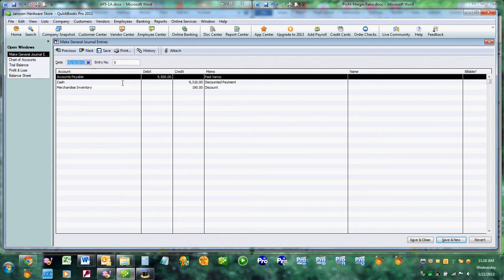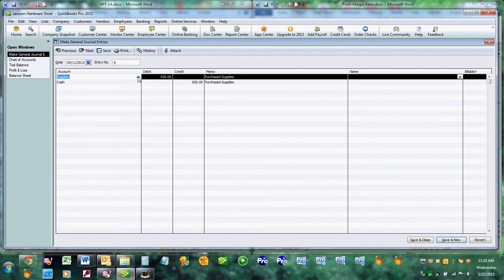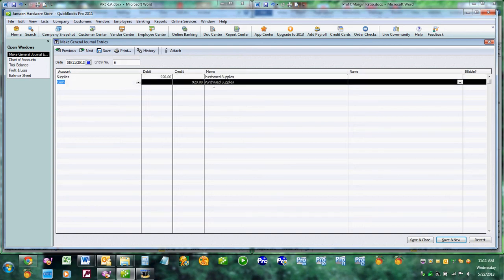Next one was purchase supplies for cash, $920. That was on the 11th. Supplies, which in this case is a current asset, because it is supplies bought and it's an asset and it's not expensed yet, is a debit for $920 and a credit to cash, $920.